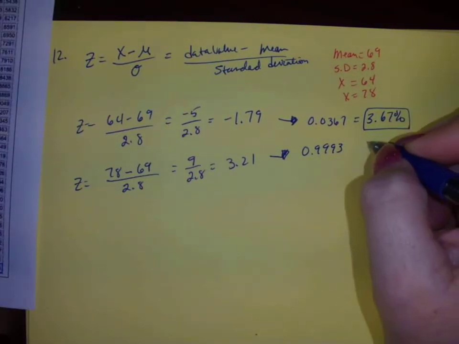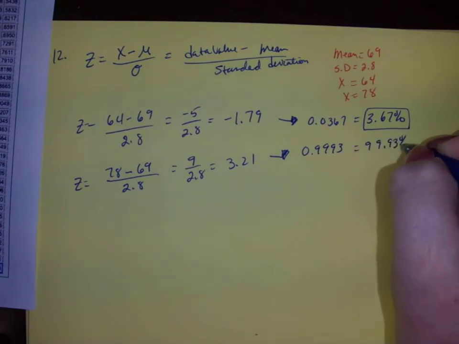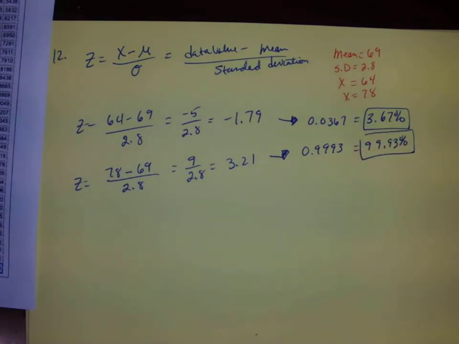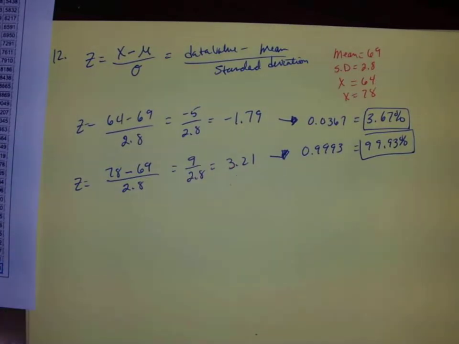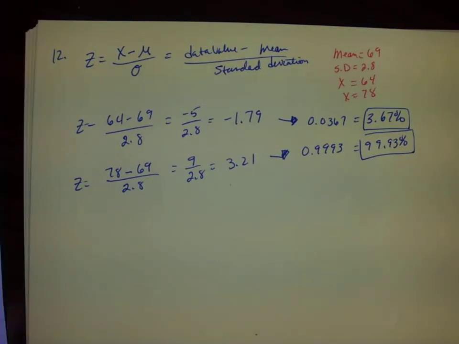And so when we change this, it'll become 99.93%. Okay? So we found the z-score, and then we found the corresponding percentage.